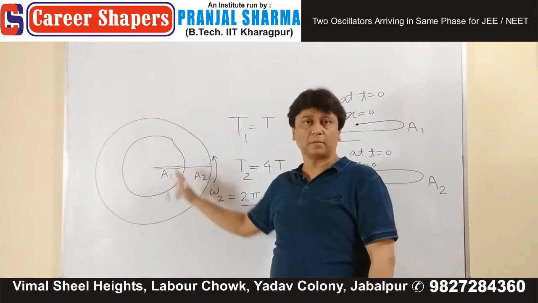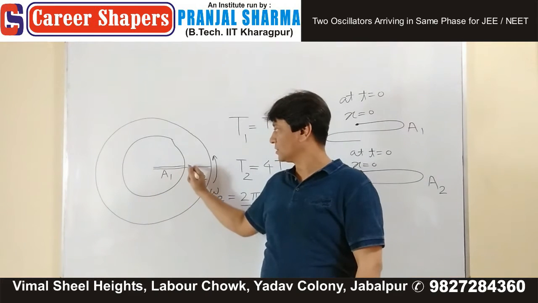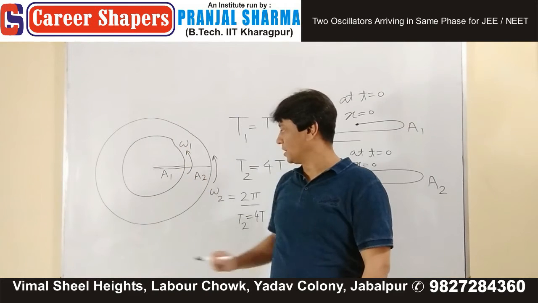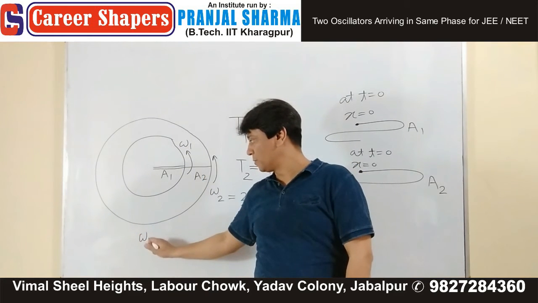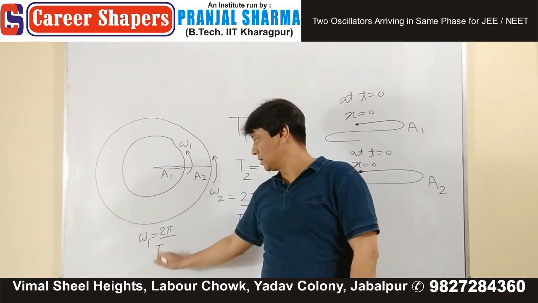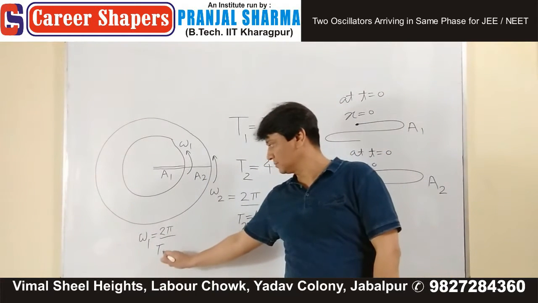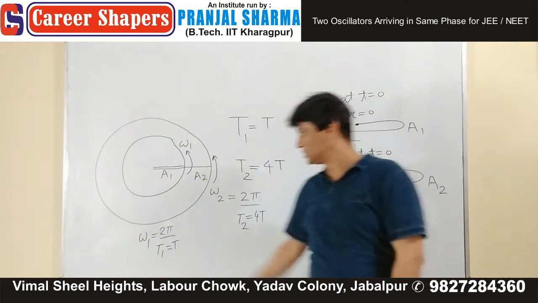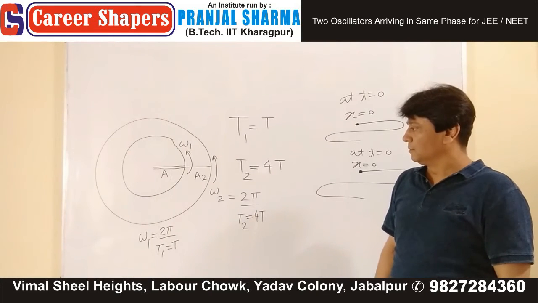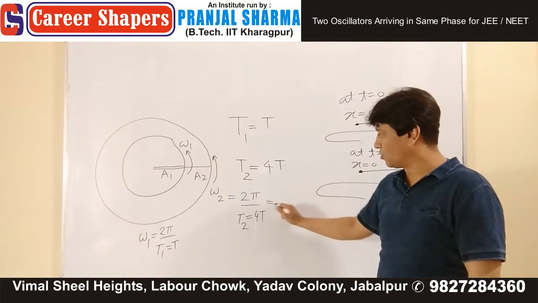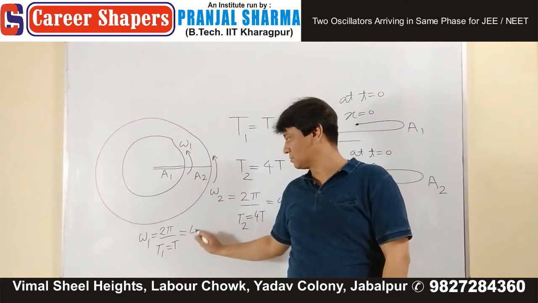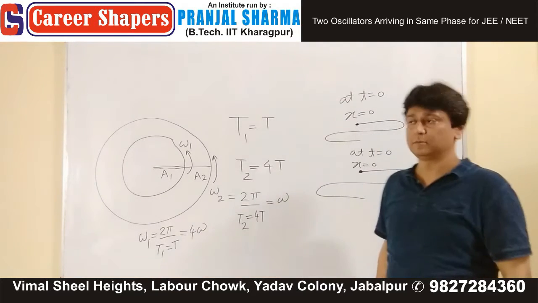And the inner one is rotating with omega 1, and your omega 1 is given by 2 pi upon T1, which is T. That means if I say that this is omega, then this becomes 4 omega.